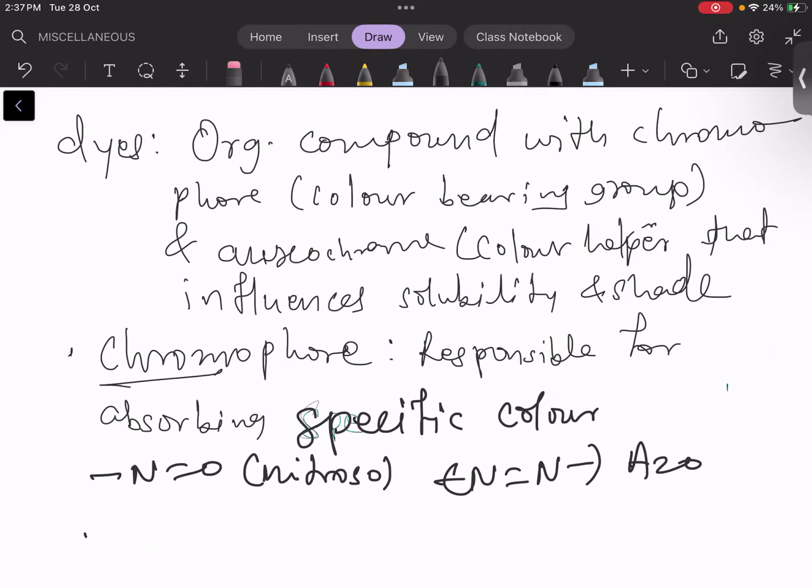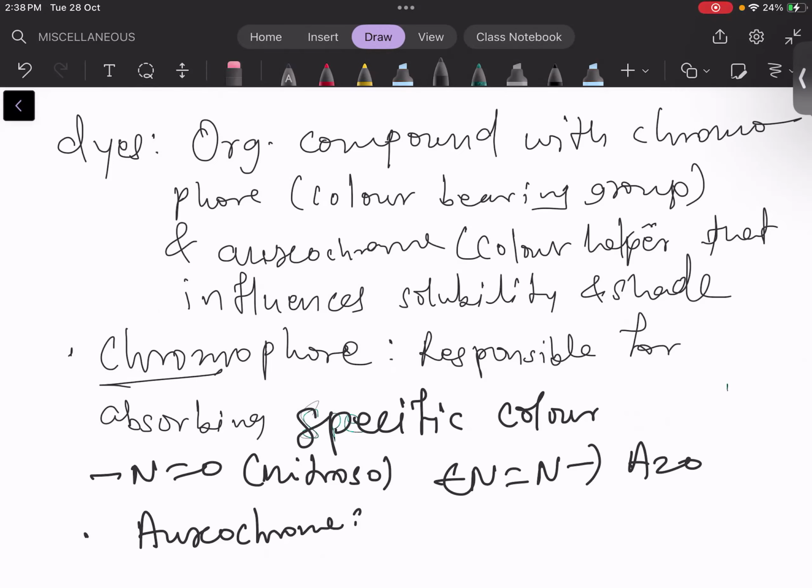Now, what is meant by auxochrome? A functional group that does not provide color itself but can shift the color, and significantly influences the dye's solubility and affinity for the substance.